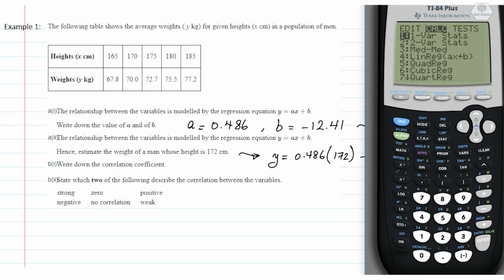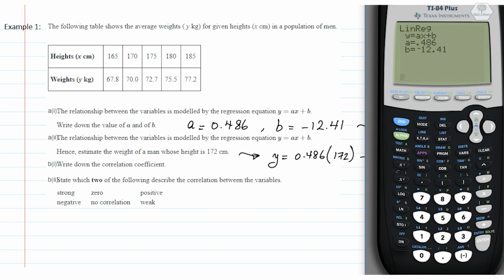So after you fill the lists and you go to linear regression, you put list 1 and list 2, and you press enter.